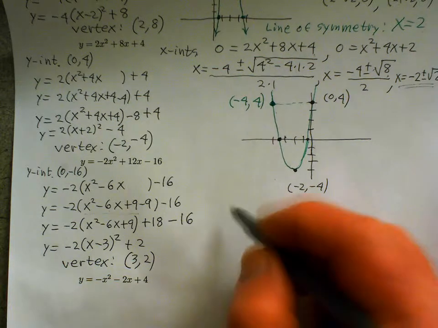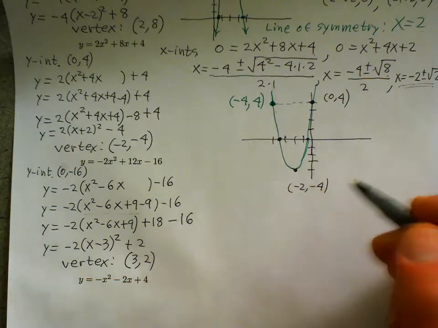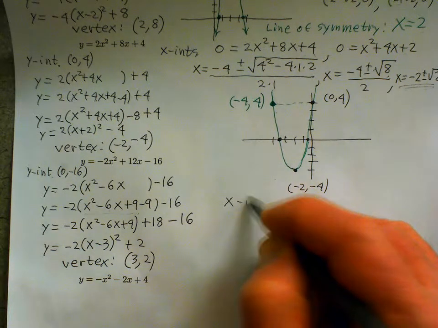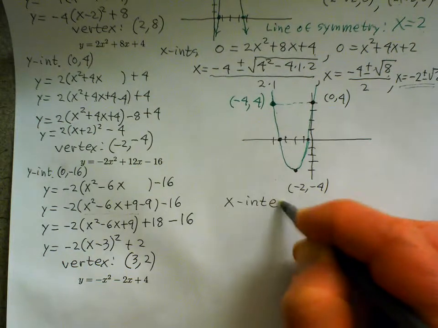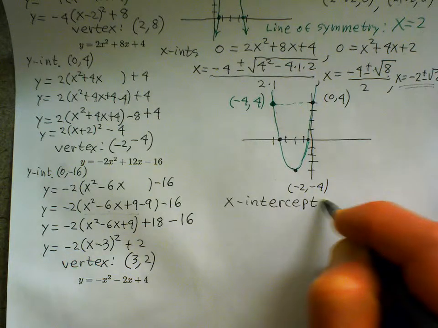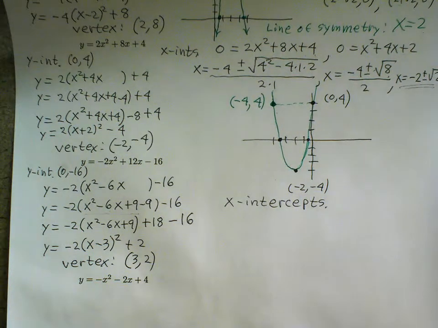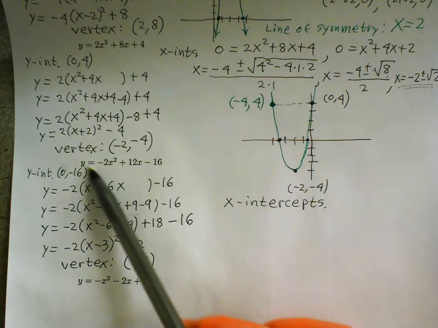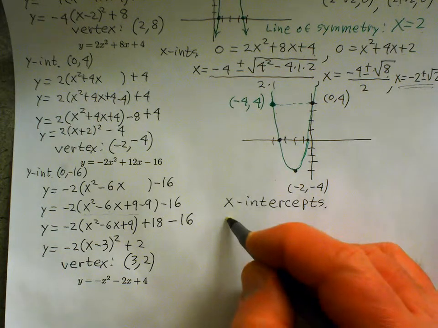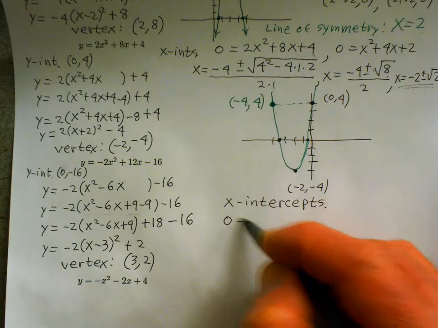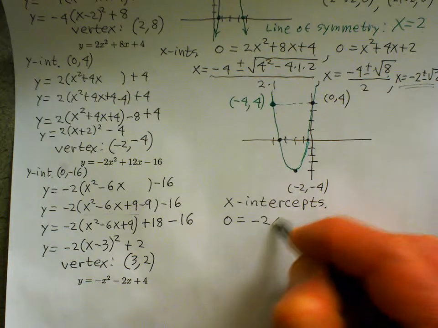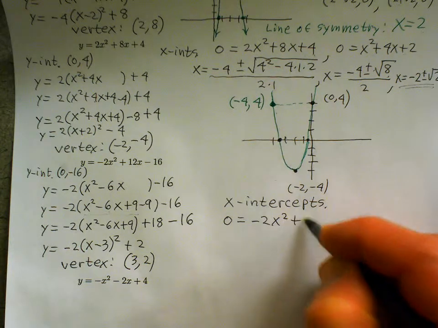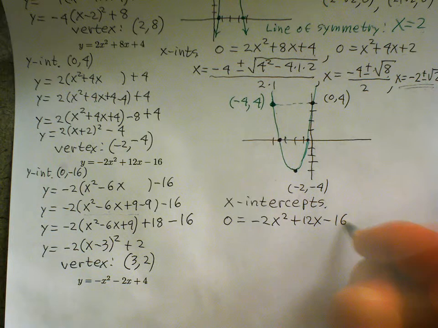Okay, let's find the x-intercepts. To find the x-intercepts, replace y with 0 and solve for x. So we get 0 equals -2x squared plus 12x minus 16.